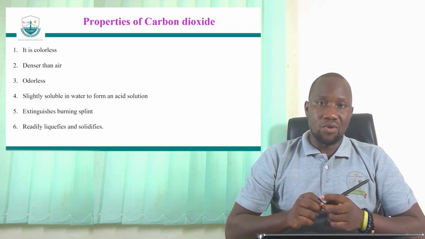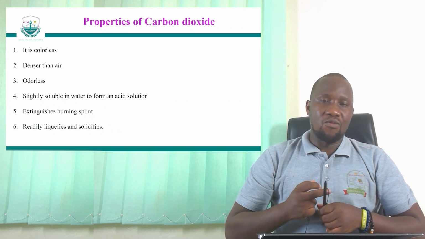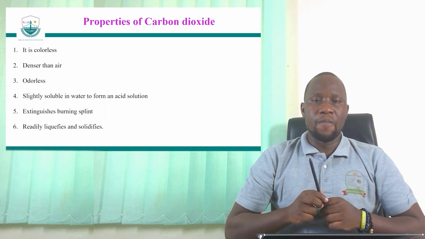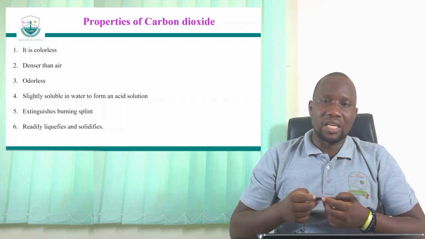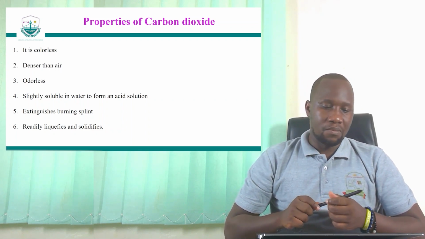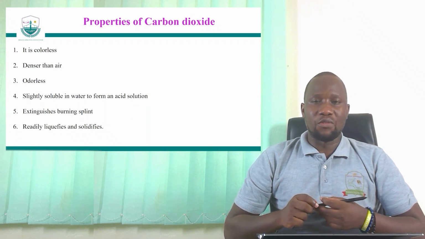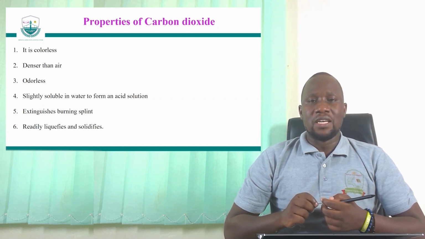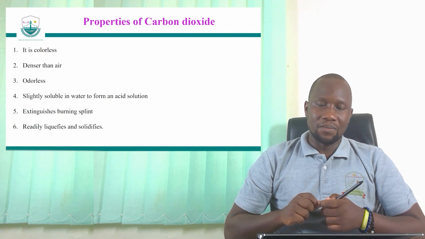It extinguishes fire and does not support burning. One of the distinguishing characteristics is that if you lower a glowing or a burning splint into a jar containing carbon dioxide, it goes off. It extinguishes. It can liquefy and it can also solidify. Solidification is particularly important in using carbon dioxide as a coolant in refrigerators.